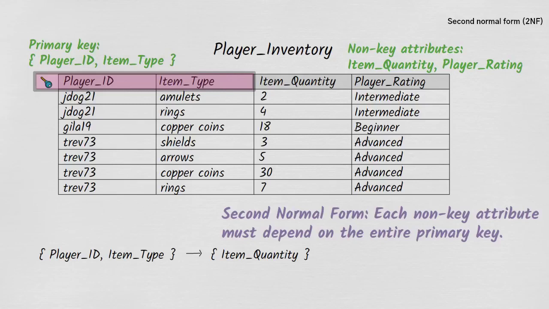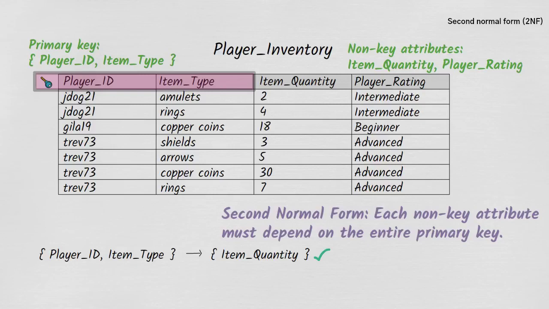This simply means that each value of the thing on the left side of the arrow is associated with exactly one value of the thing on the right side of the arrow. Each combination of player ID and item type is associated with a specific value of item quantity. For example, the combination of player ID JDog21 and item type amulets is associated with an item quantity of 2. As far as second normal form is concerned, this dependency is fine because it's a dependency on the entire primary key. But what about the other dependency?